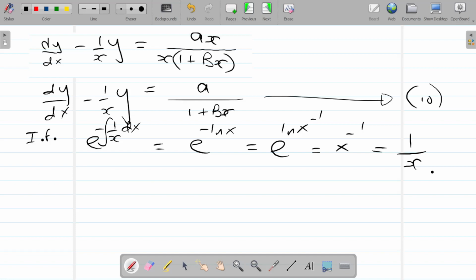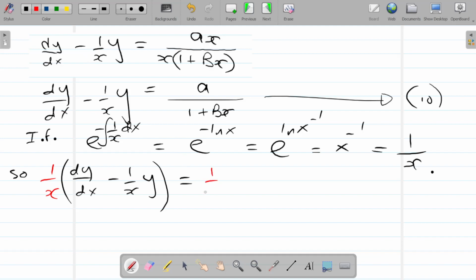So we now multiply through both sides of equation 10 by 1 over x. Well, I'll write in red, 1 over x times dy by dx minus 1 over x y, which is equal to 1 over x times a over 1 plus bx, right?